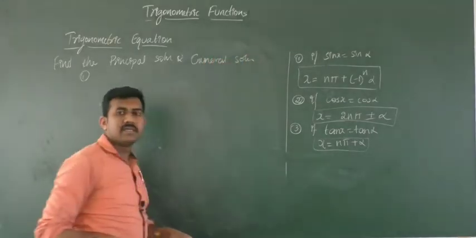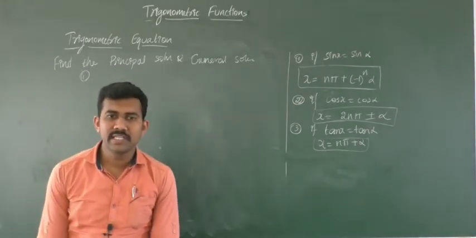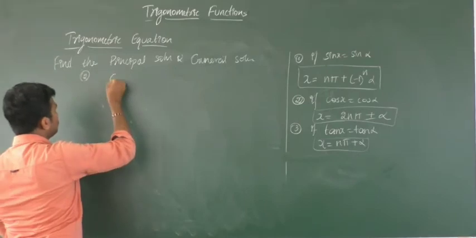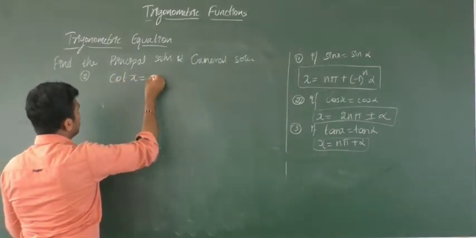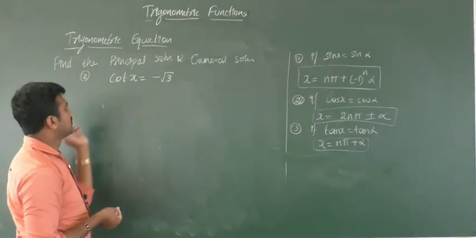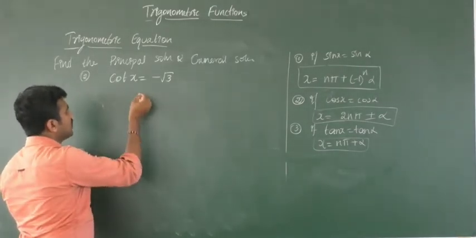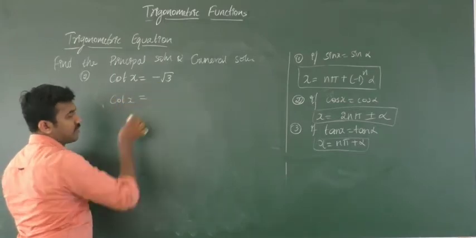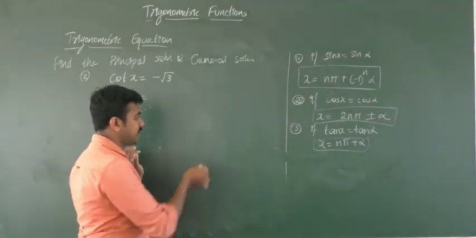The next question: cot x is equal to minus root 3. See here, you have cot x negative.